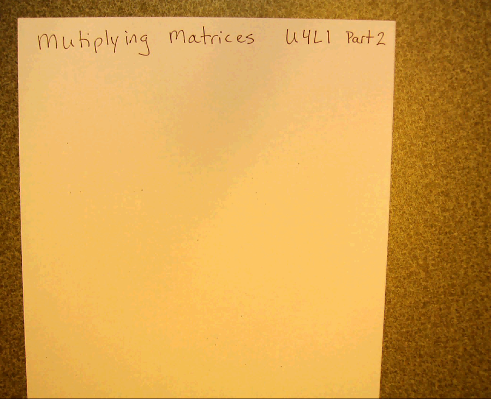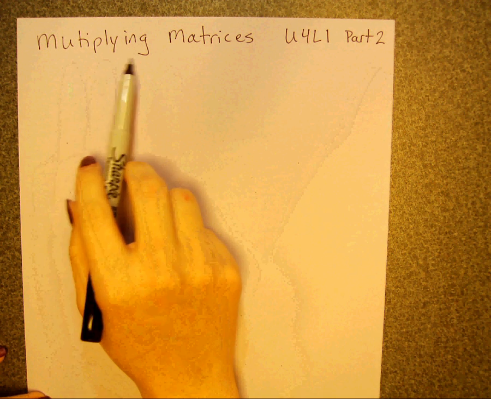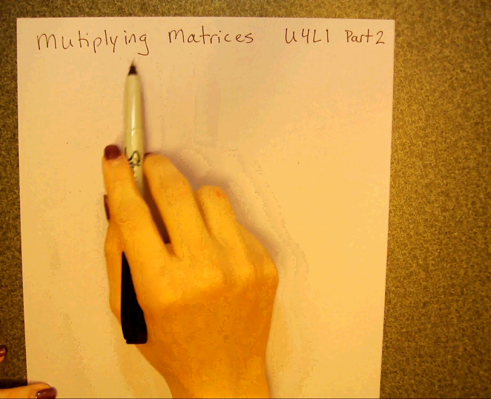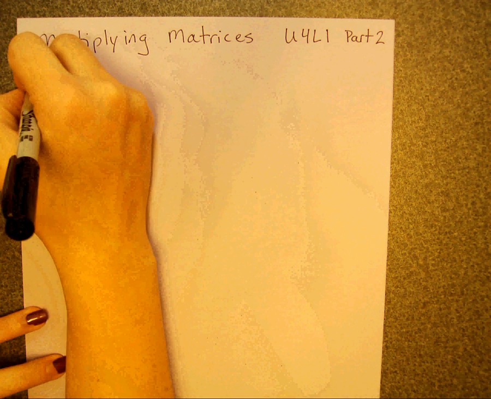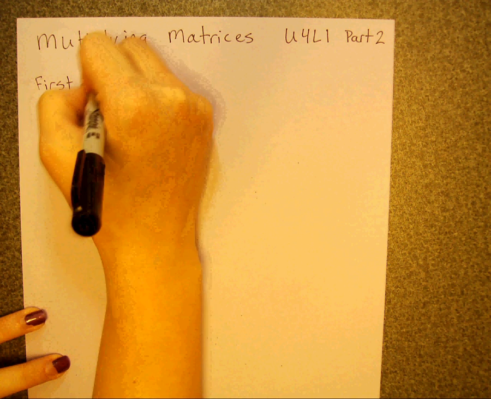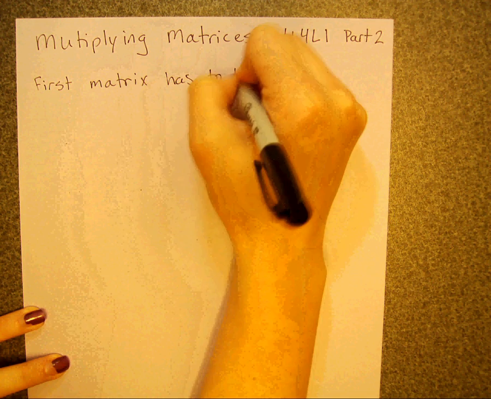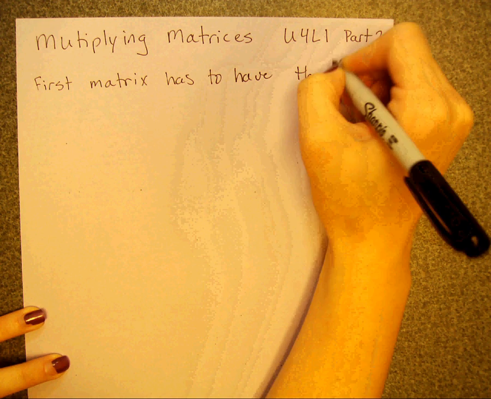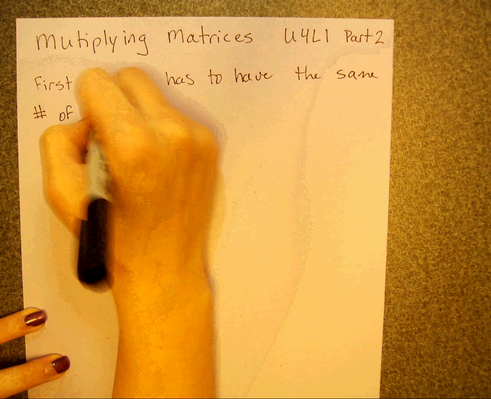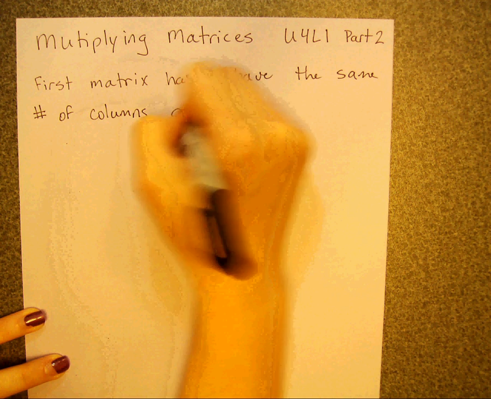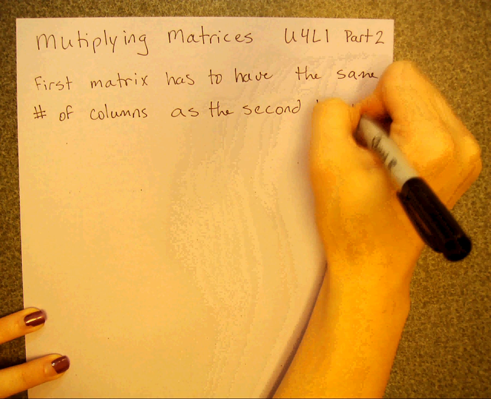Okay, Unit 4, Lesson 1, Part 2. Another operation that we can do with matrices is multiplying them. Now, in order to multiply two matrices, the first matrix has to have the same number of columns as the second has rows.